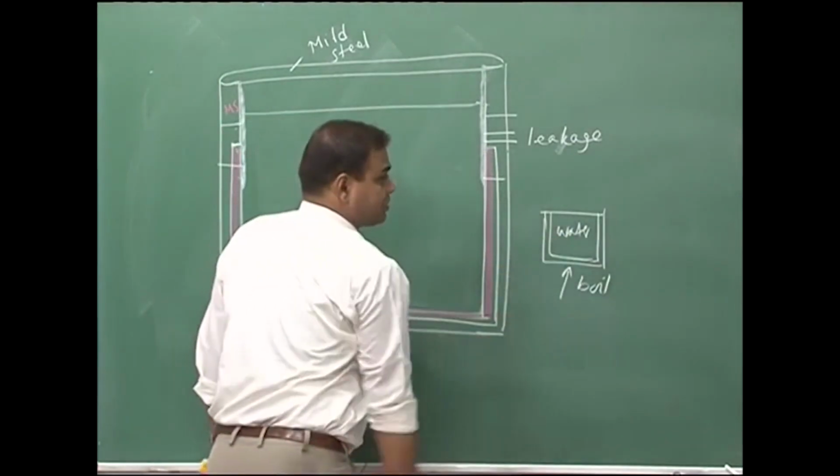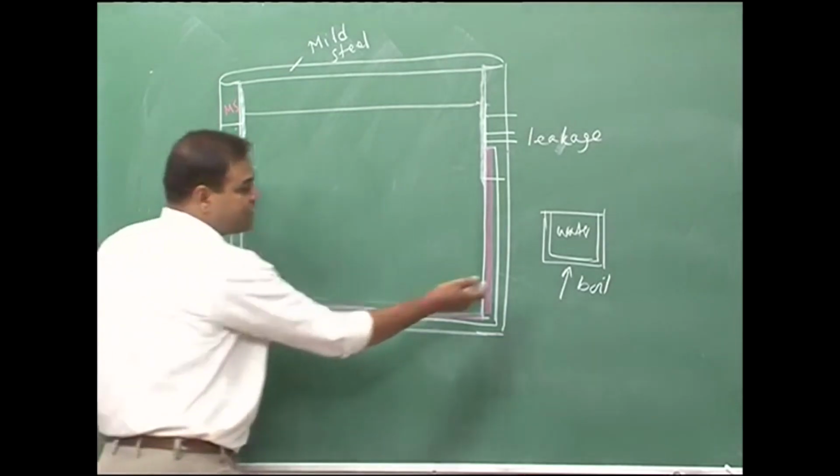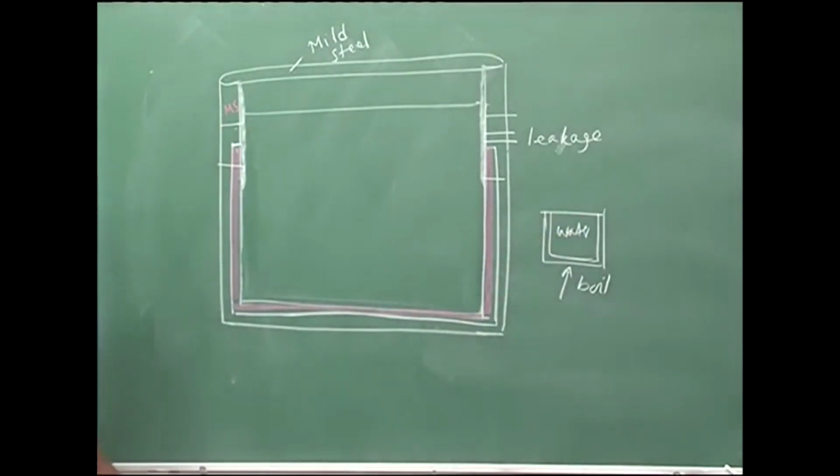We do not see much corrosion; it is a very low corrosion rate. Since we are boiling it, the dissolved oxygen will go out, and there would be very little corrosion effect.